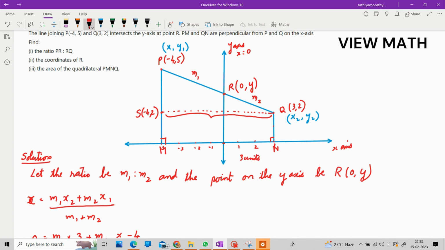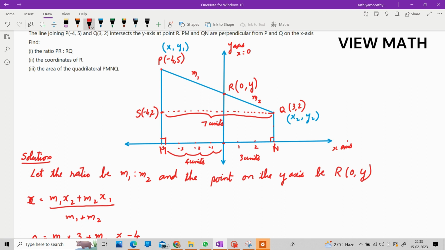And from y-axis to M it is 1, 2, 3, 4. So 4 units. So totally from S to Q or M to N, both are the same length. It is 4 plus 3, it is 7 units. So this is the base of the triangle.